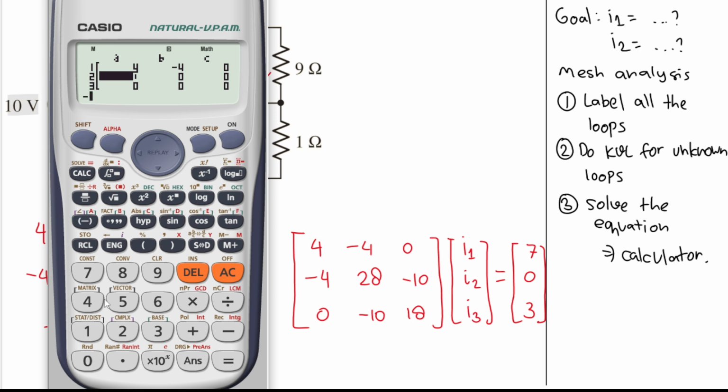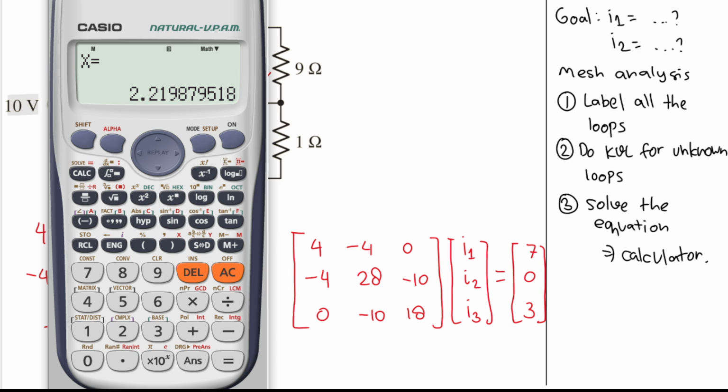And now we will have minus 4, 28, minus 10, and then 0. Good. And then 0, minus 10, and then 18, and then 3. And we will have our x value as I1 here. So that is our I1.